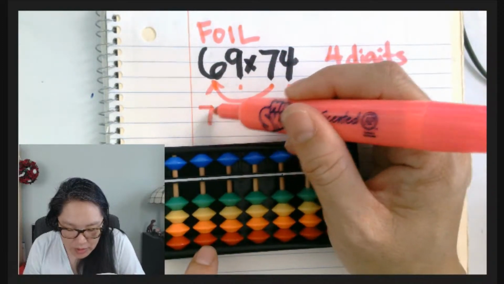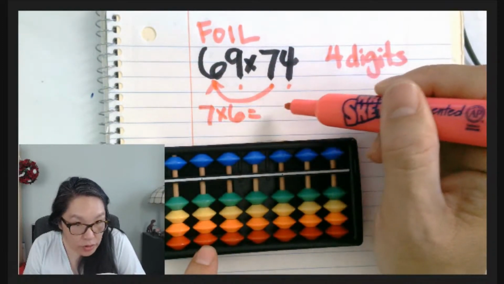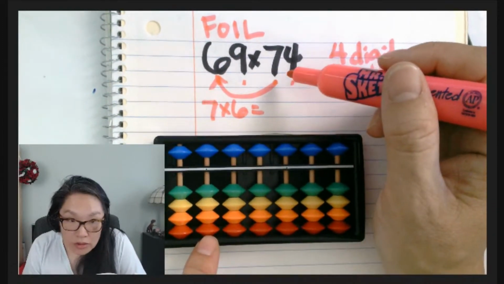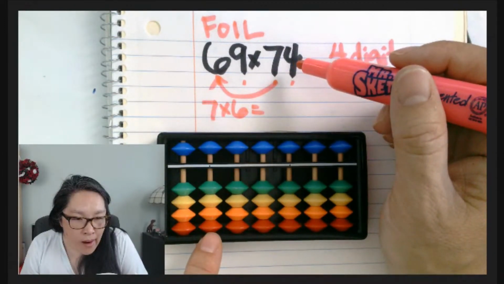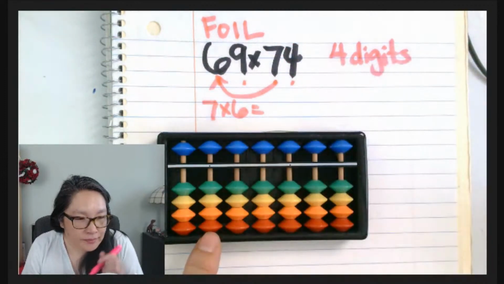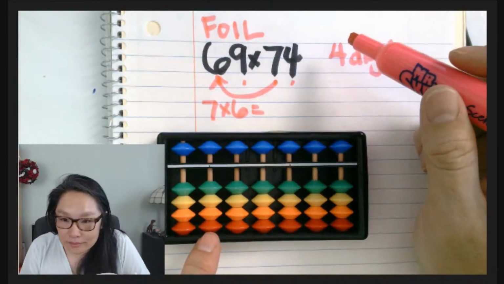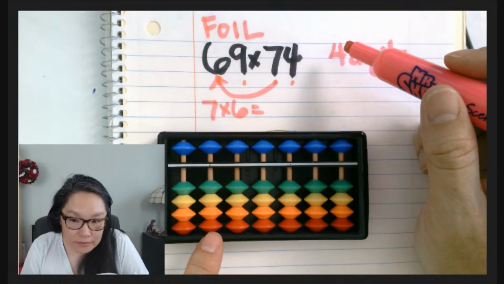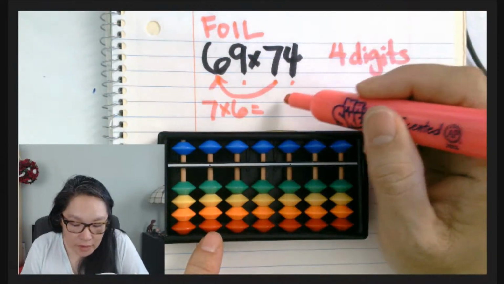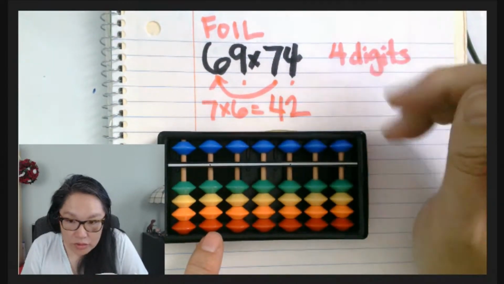What's the question? 7 times 6 is what? 42.